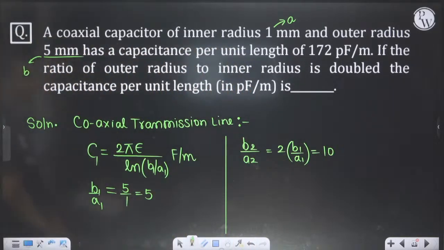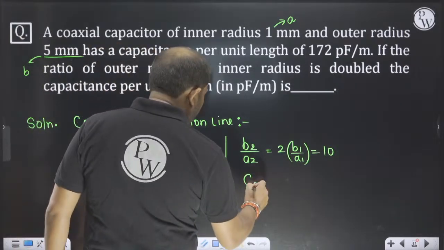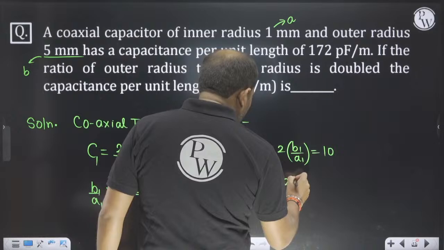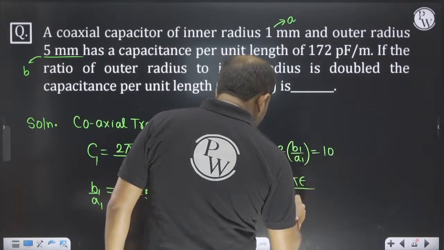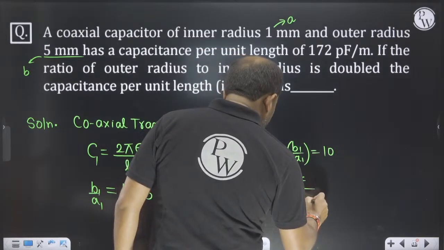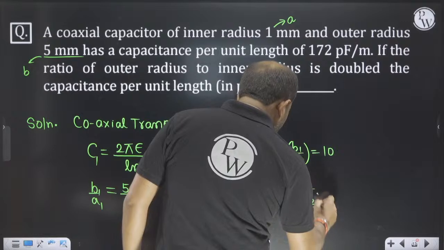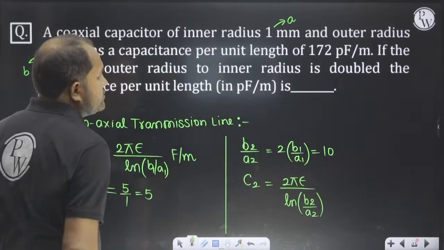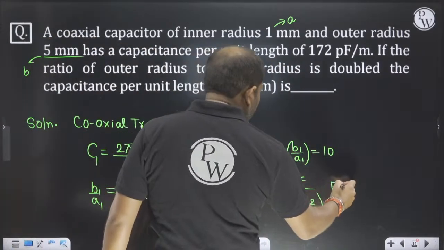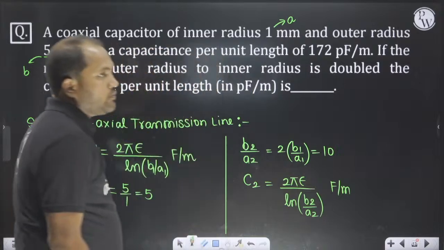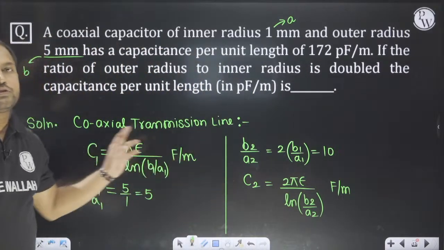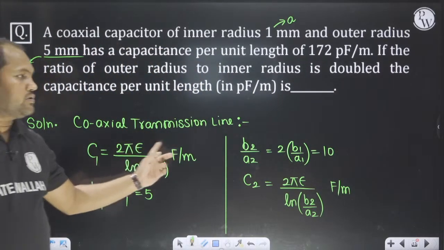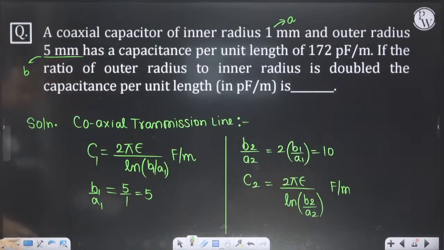Then it is asking what is the capacitance per unit length. That means C2 will be 2 pi epsilon divided by ln B2 by A2. So we can use this formula to solve this. We know the ratio C2 upon C1, and 2 pi epsilon will be cancelled out, so we can find C2 upon C1.